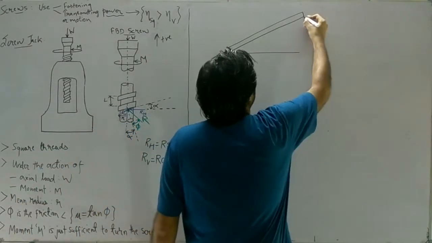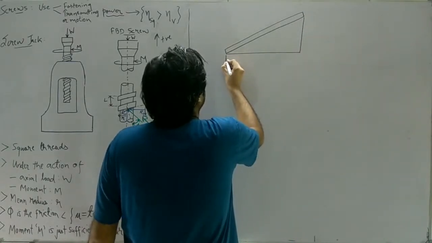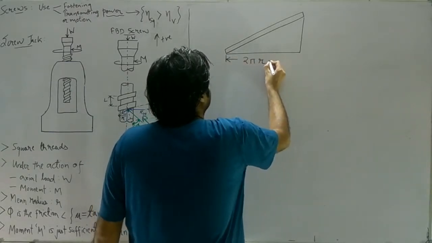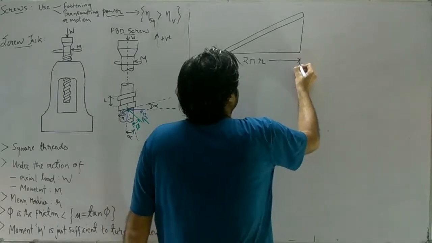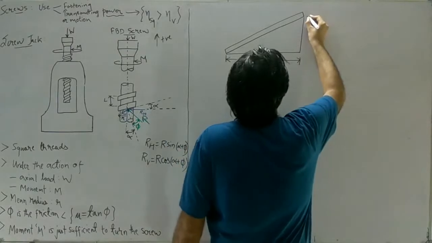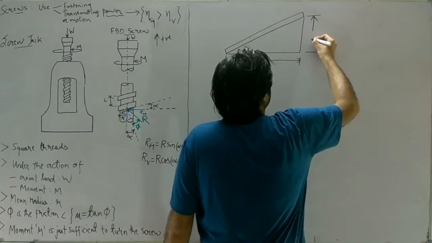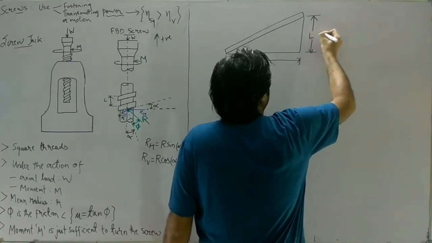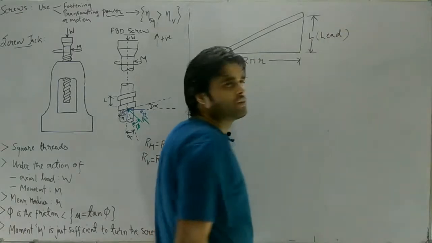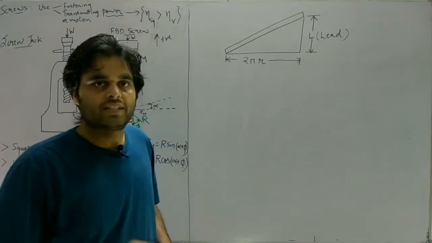Now for one complete turn, this length would be 2 pi into r, r being the mean radius, and this length would be L, which is the lead of the screw. Lead is the advancement of the screw for one complete turn.